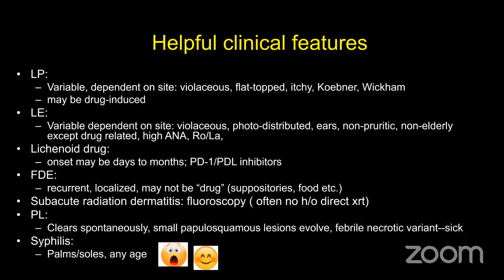And then the clinical features, we've gone over most of these. I don't know if I have to really repeat a lot of these. For lupus, in addition to the clinical lesions I showed you, they tend to be in younger patients. If you have patients who are older all of a sudden getting lupus, you have to think about a drug-related lupus.